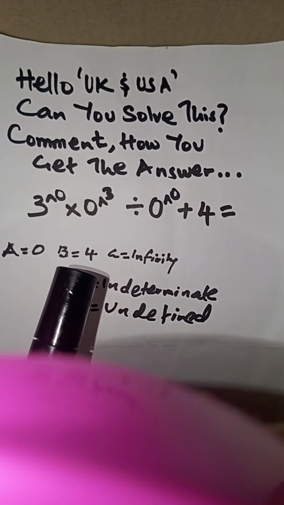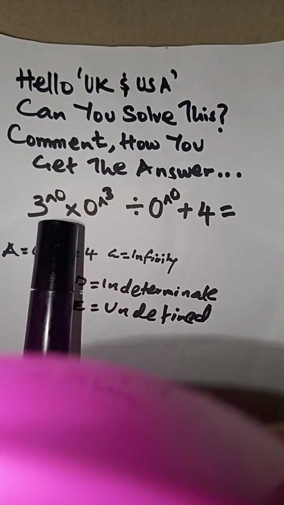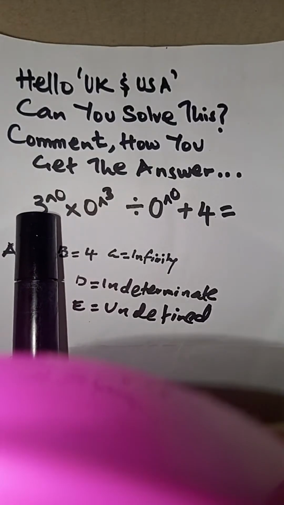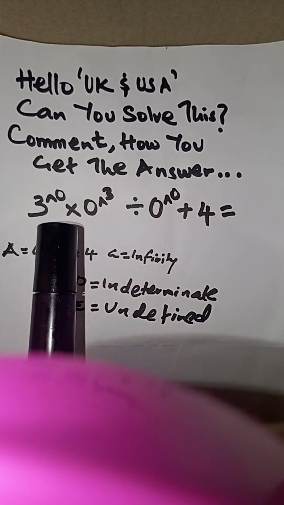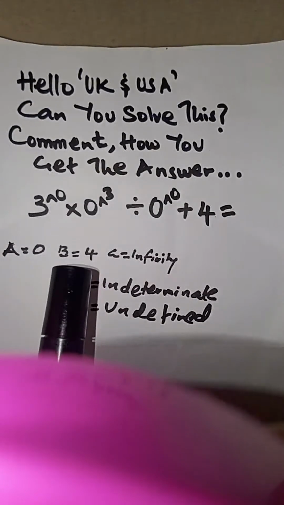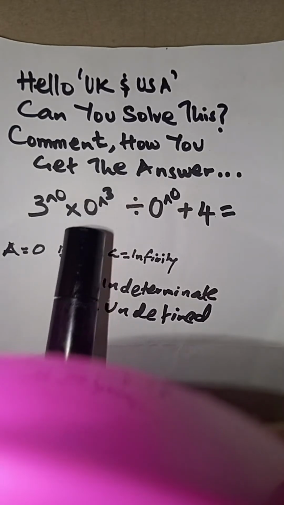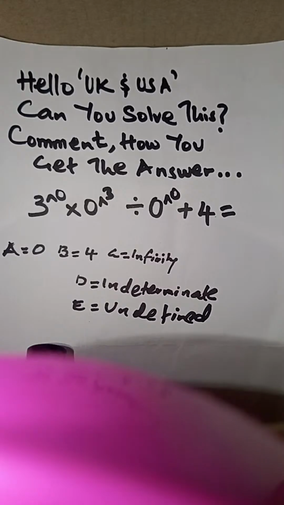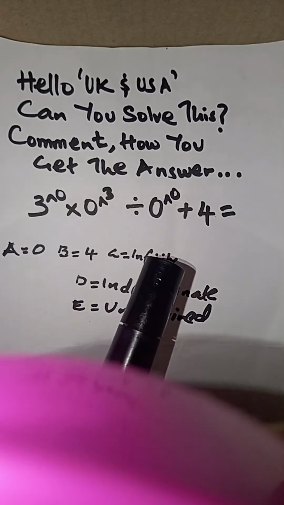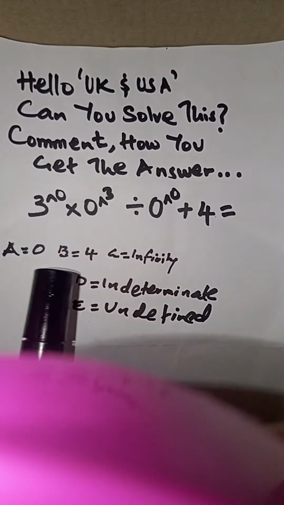10. Oh, so you're seeing this as 10. This is raised to power 0, 3 raised to power 0. And this is 0 raised to power 3. I hope you're seeing it clearly. And then this is 0 raised to power 0, not 10.